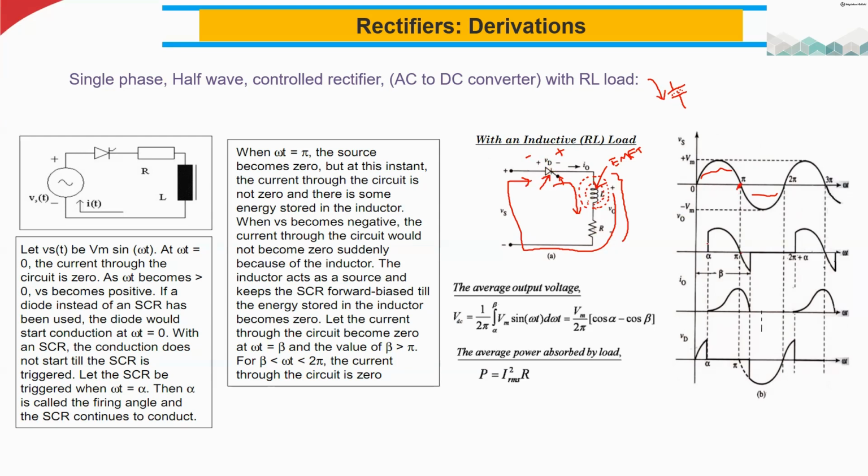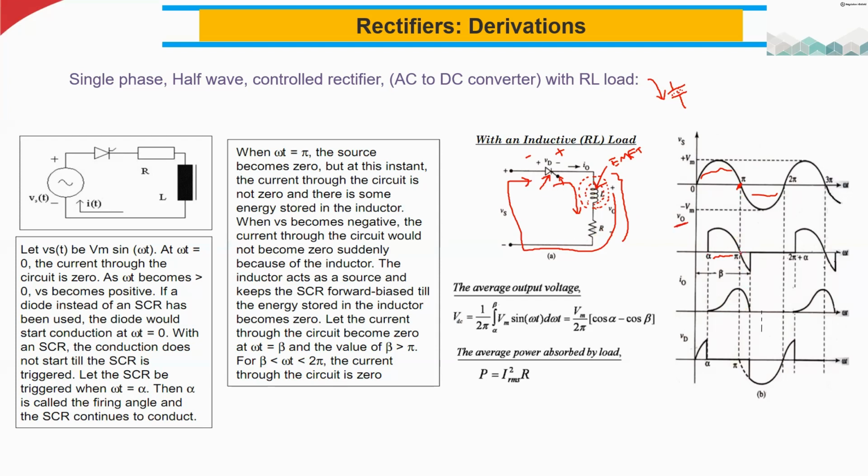So this is alpha to pi. This is what we want the SCR to conduct at the output. But because of this inductor, the inductor will discharge the magnetic field. So even in this negative half cycle, after pi, this SCR will conduct for a short time. That is why, this is the output voltage.